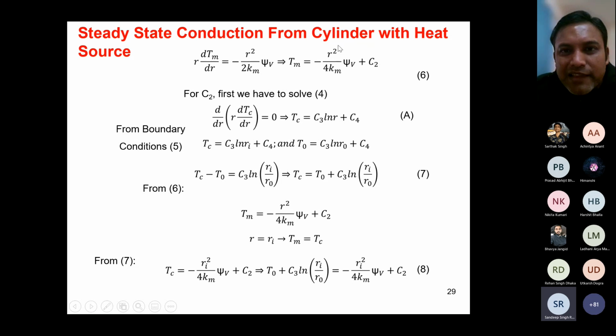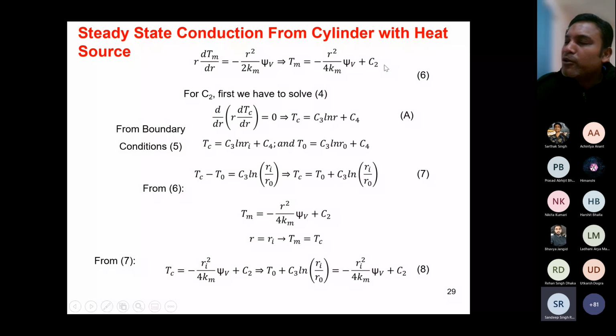Here we can apply the second boundary condition, and the second boundary condition is what? At r equals to r naught, Tm will be equal to Tw.